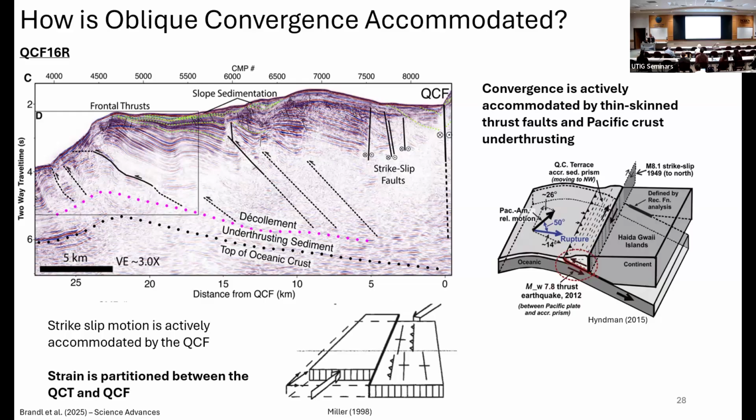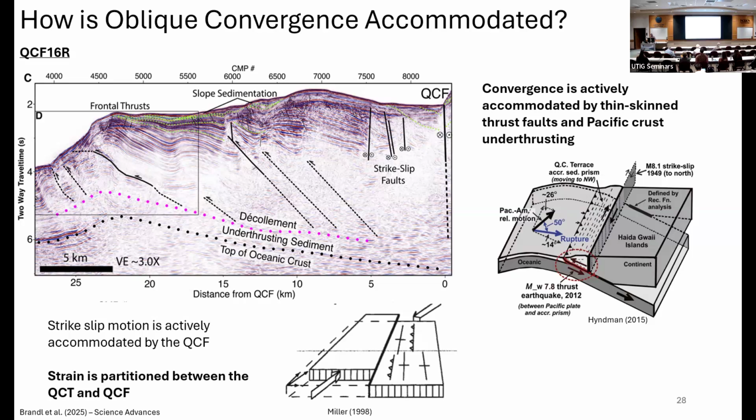Which means these thrust faults are what is actively accommodating the convergent motion, along with the underthrusting of the Pacific plate. So what this crustal structure is showing us is that the hypothesis by Roy Hyndman throughout his life of underthrusting was probably the correct hypothesis, and that we see very little evidence of any internal deformation of the Pacific plate that would suggest it's colliding with North America somewhere at depth.